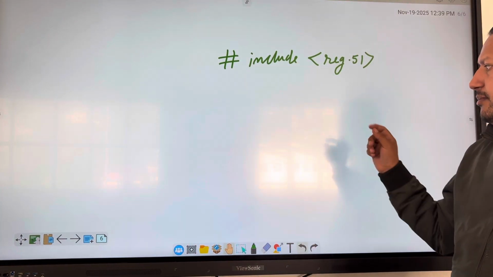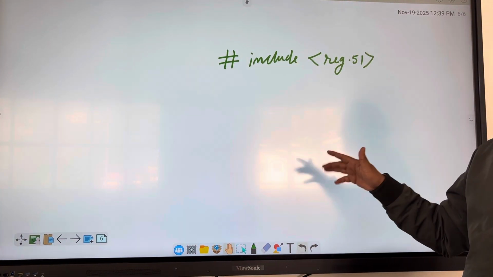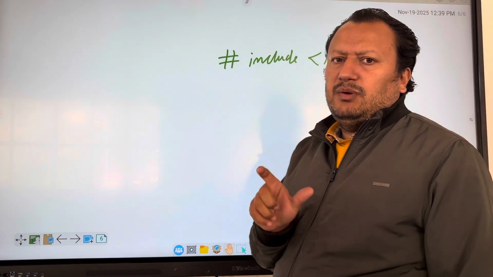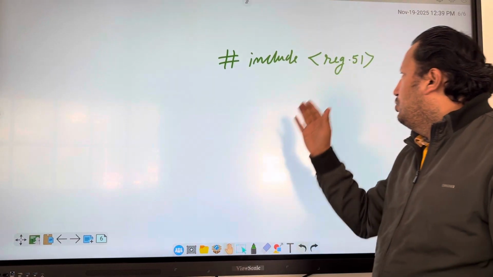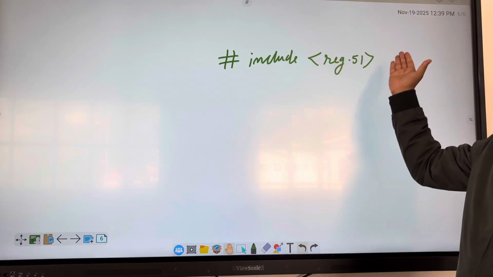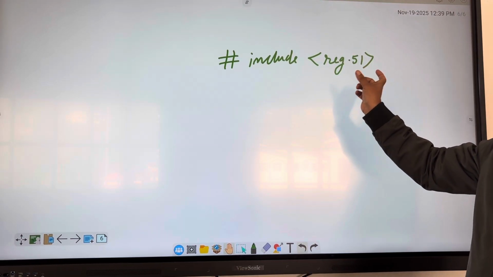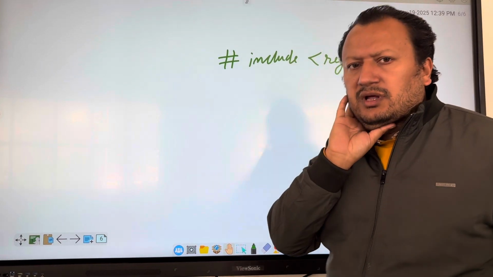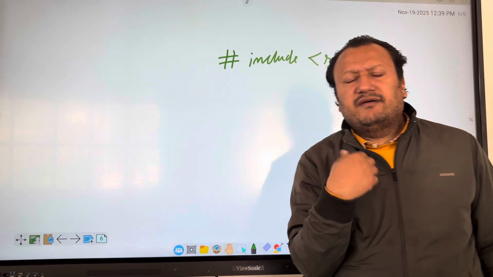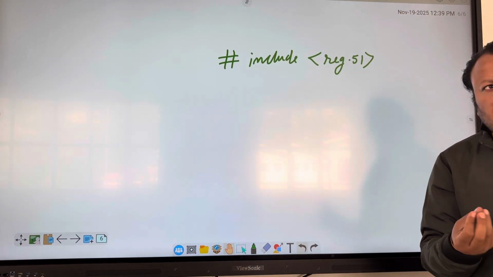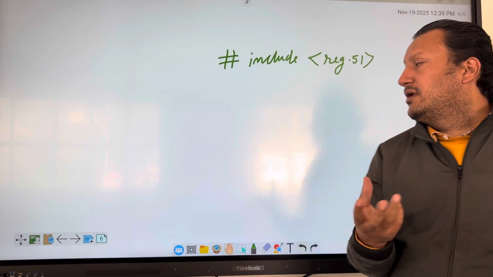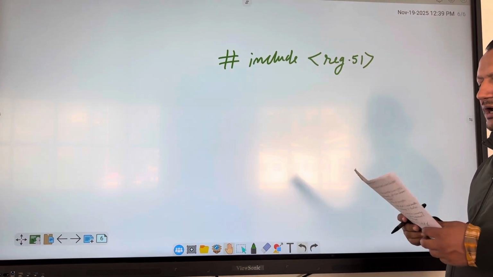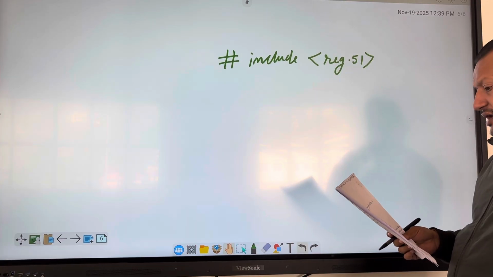Because if you write P1.0 or P1.1, your normal C program will not understand what P1.1 is. But this library reg.51 has all the definitions of your microcontroller 8051. So always use reg.51 to program your 8051 in C.